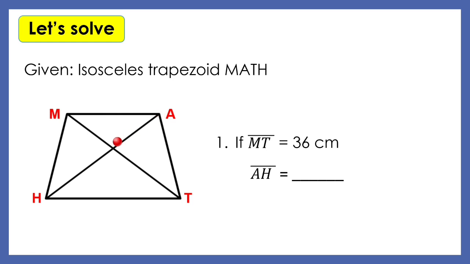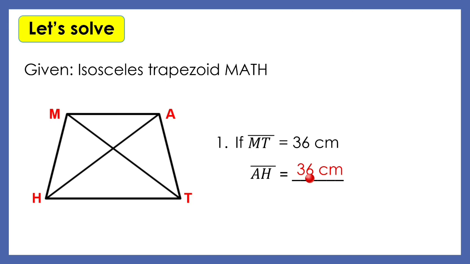Okay, hinahanap naman din yung measure ng another diagonal line segment AH. Based sa ating third theorem kanina, the diagonals of an isosceles trapezoid are congruent. So, if MT is 36 centimeters, therefore, line segment AH is also 36 centimeters.